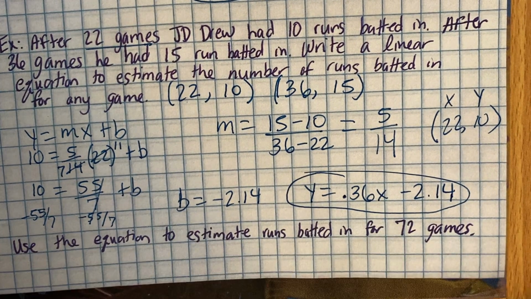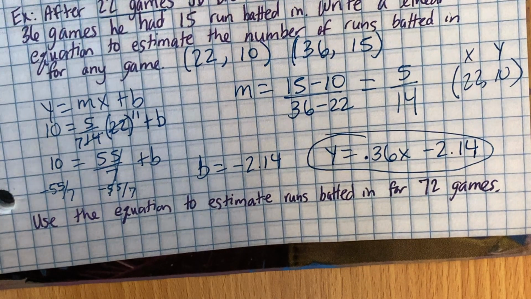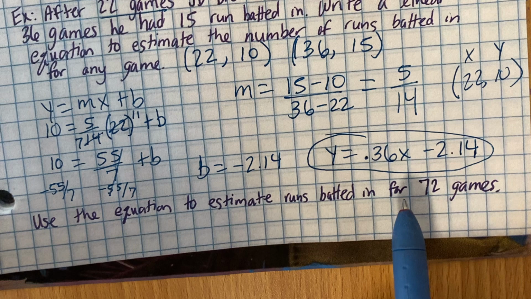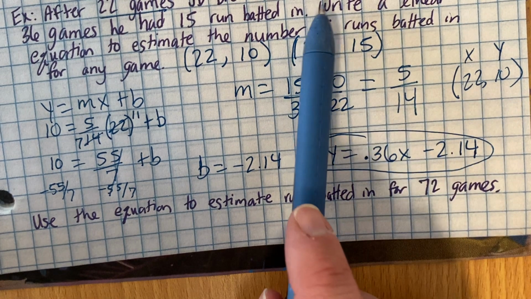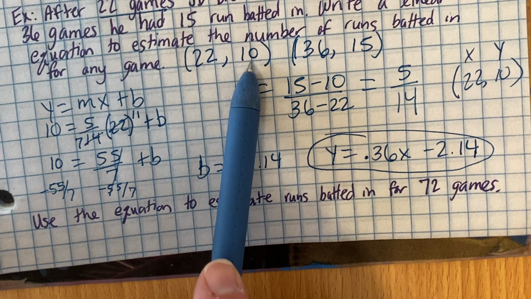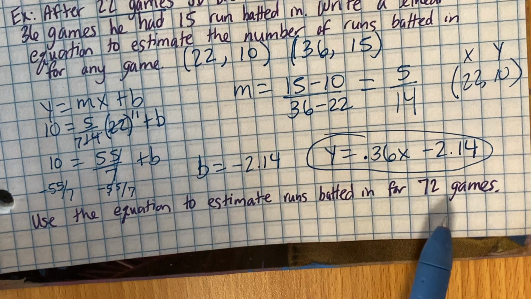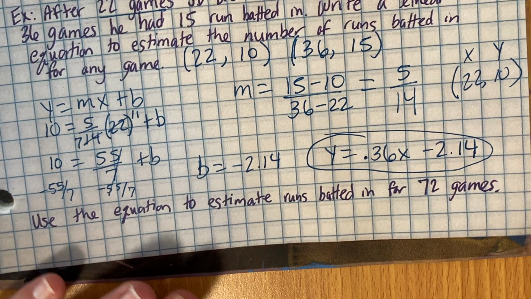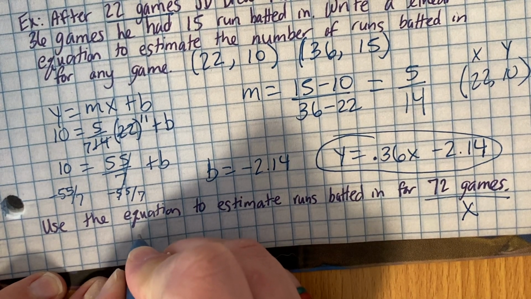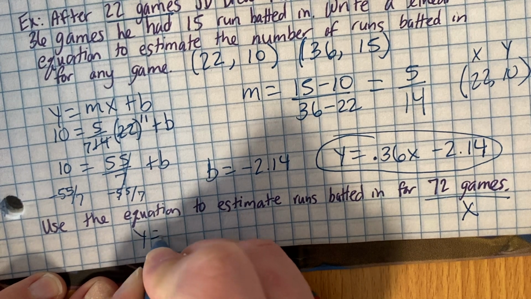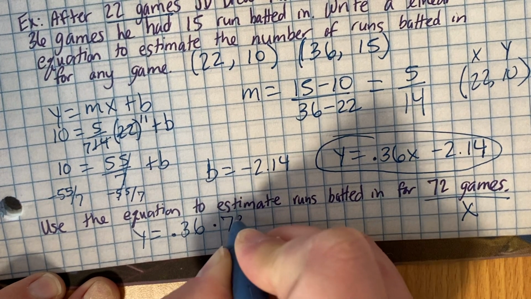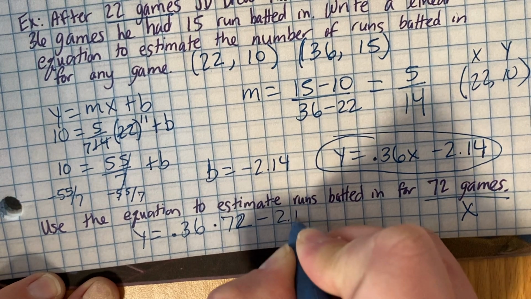Okay. The last thing says, use the equation to estimate the runs batted in for 72 games. Well, the runs batted in for us was our y value. So if we plug in a 72 for our x, what would that y be? So y equals 0.36 times 72 minus 2.14.